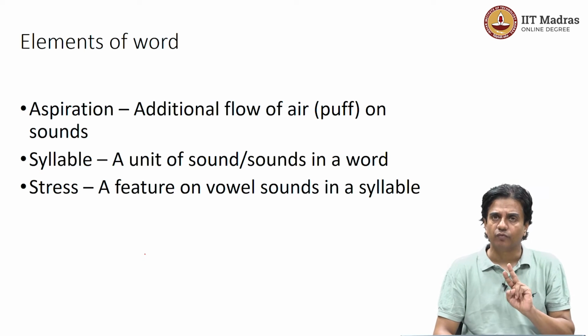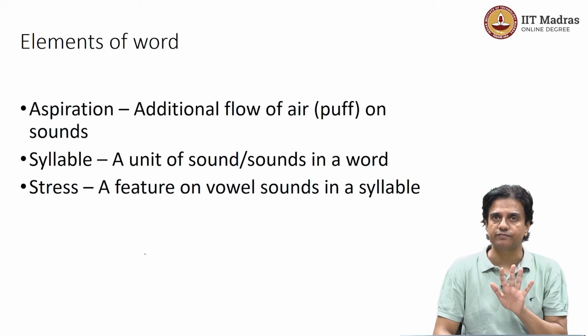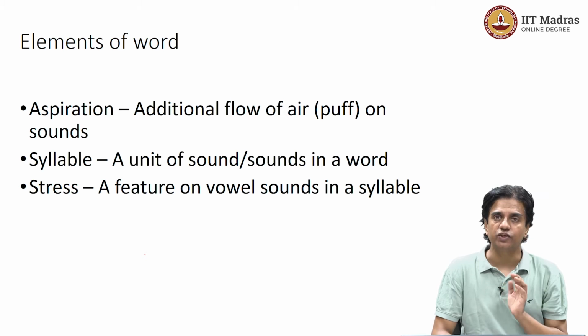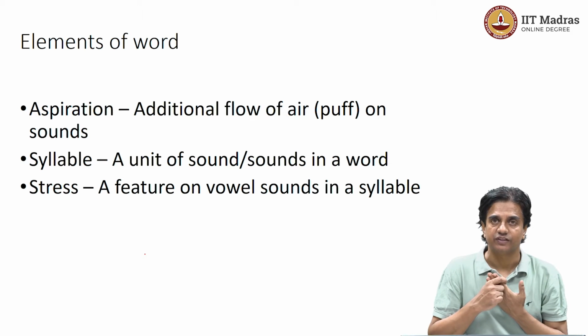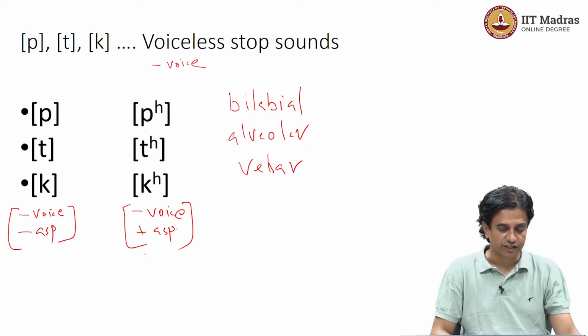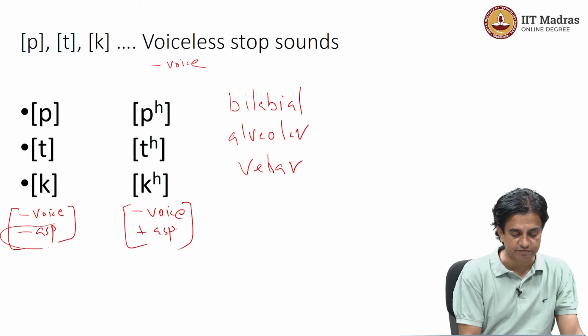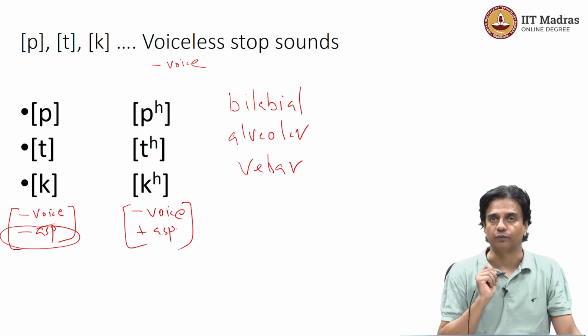For understanding this aspect of words, particularly in English, we need to keep three things in mind. One is aspiration. As you saw, aspiration is one specific feature of sounds.